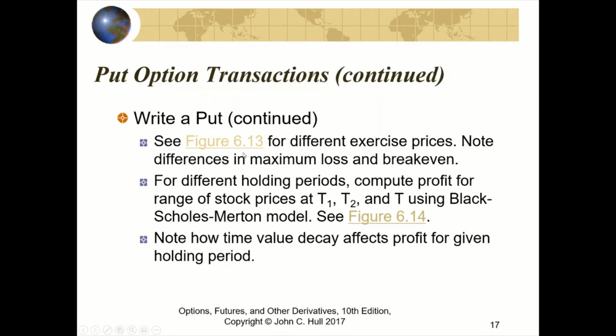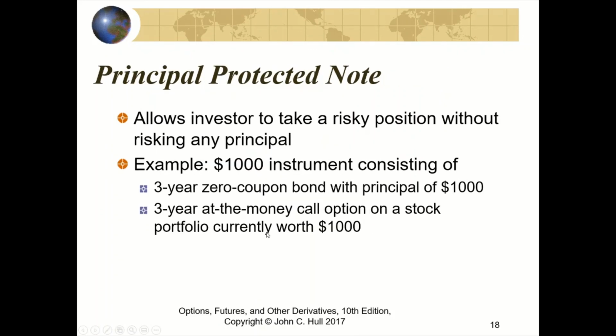Now, examining the effect of different strike prices and different holding periods is not different from taking a short position in the call option. So we can skip this part and we should turn to the first strategies that we will be covering in this chapter, which is a bond plus an option.